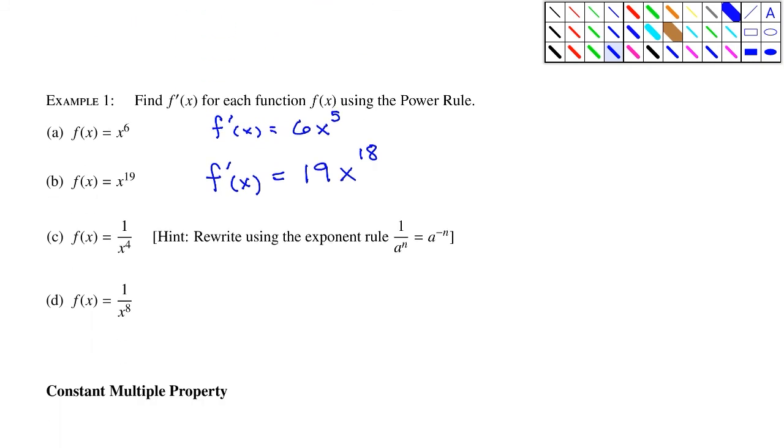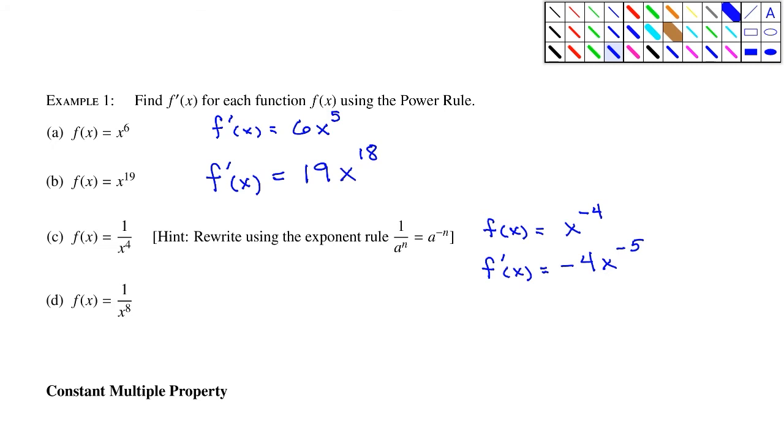C, f of x is equal to 1 over x to the 4th. Well, we can't do it with the x in the denominator. It has to be written in the numerator. So let's rewrite f of x as x to the negative 4 power. Now we can take the derivative, bring the negative 4 down, times x, lower the power by 1. Negative 4 minus 1 is negative 5.